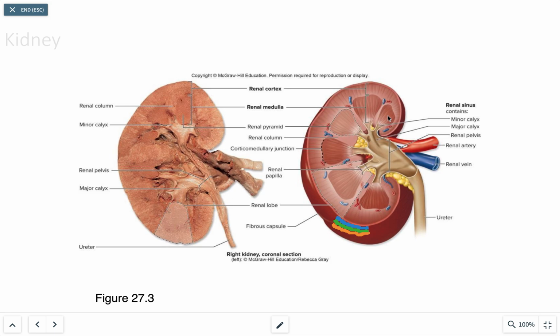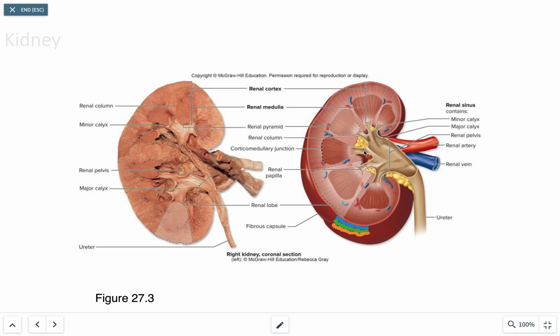Inside each one of these renal pyramids, we're going to see these renal sinuses. Basically, a renal sinus is the makeup of a minor calyx, and from the collecting tubules, we'll see urine go to the minor calyx, eventually into the major calyx, into the renal pelvis, and this is where we see all the renal or major calyxes.